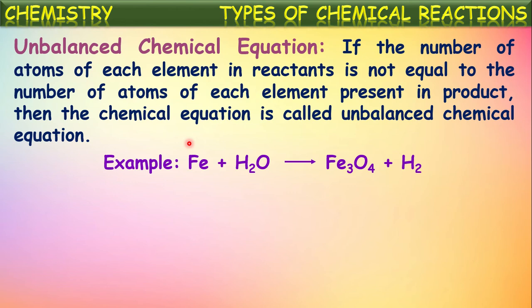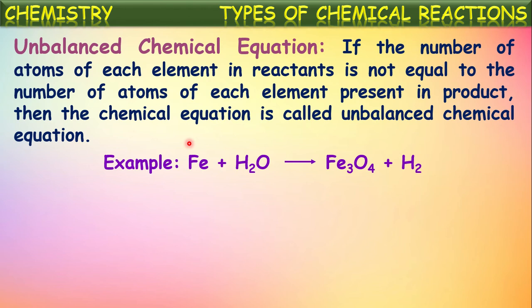Actually, in this equation, everything is represented correctly. What chemicals are reacting here and what chemicals are formed in this reaction are represented correctly. But the number of atoms of each element on both sides of the equation are not equal. That is why this equation is said to be an unbalanced equation. These unbalanced chemical equations are also called skeleton equations.